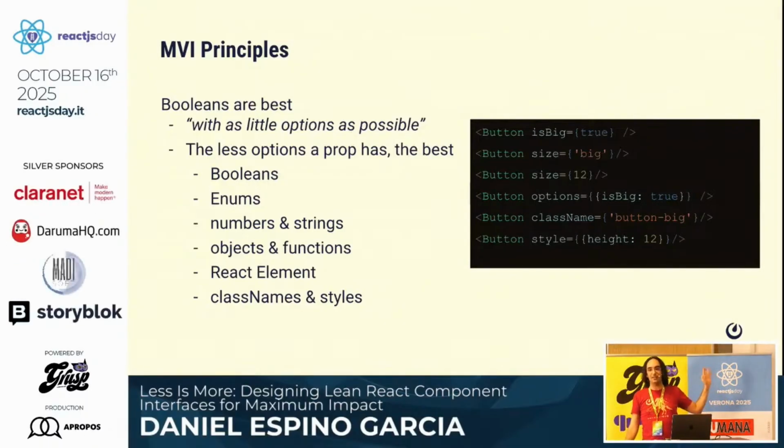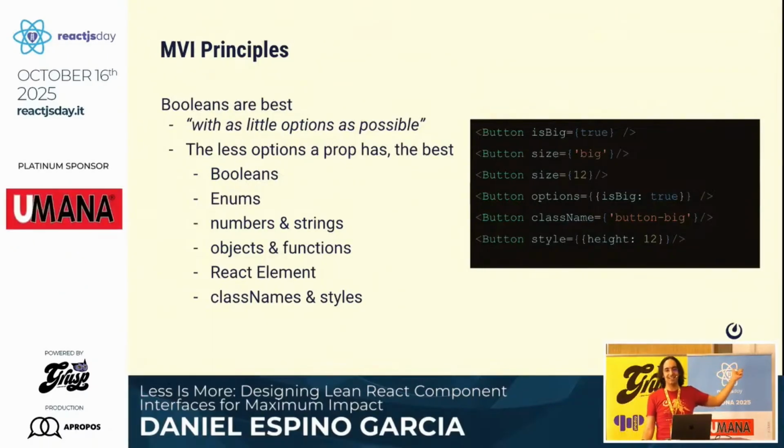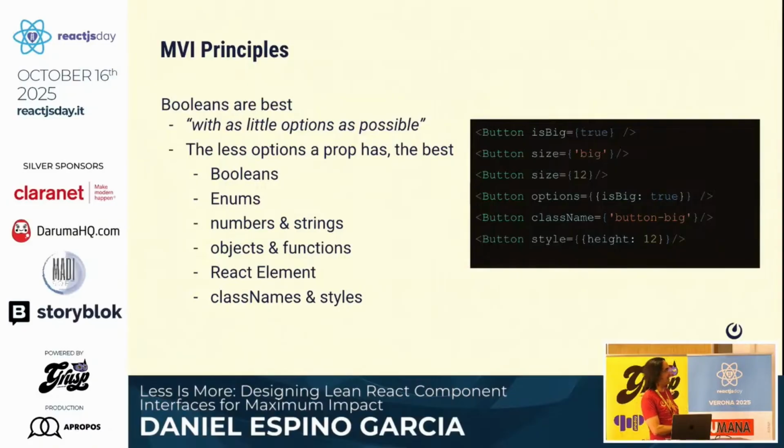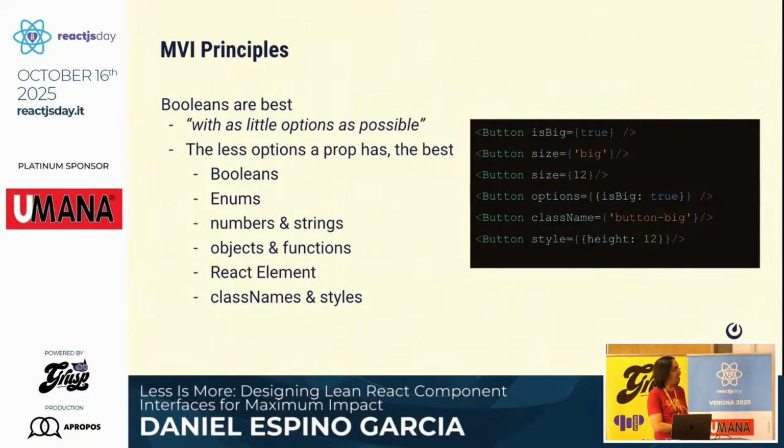So I pass an enum, well, not an enum, you know, the other thing, and say, okay, it's big, small, or medium, and that's it. Then you could have a size, well, 12. 12 what? 12 pixels, I guess. But is that big? Is that small? Is that medium? What the hell is 12?